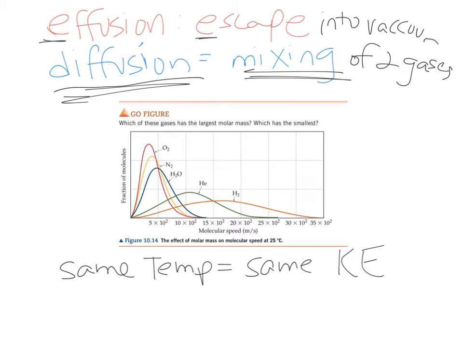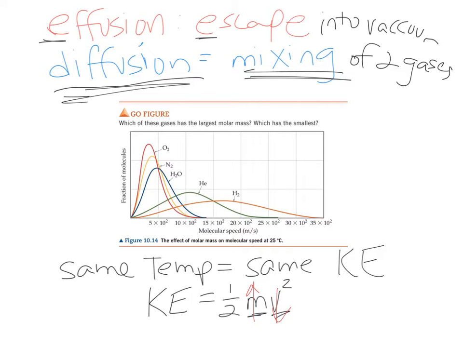And here is where physics comes into play. Kinetic energy is equal to 1/2 the mass times your speed or your velocity squared. So kinetic energy is proportional to mass and to your speed squared. For molecules that have a greater mass, when this is bigger, then the velocity will be smaller.